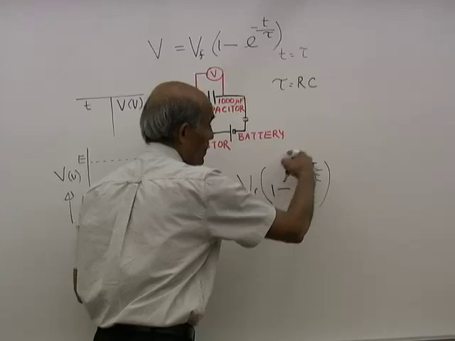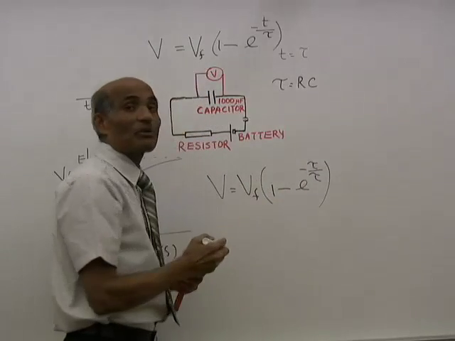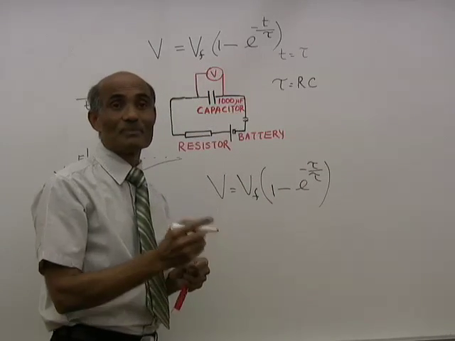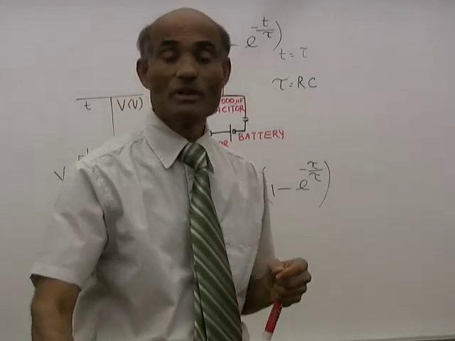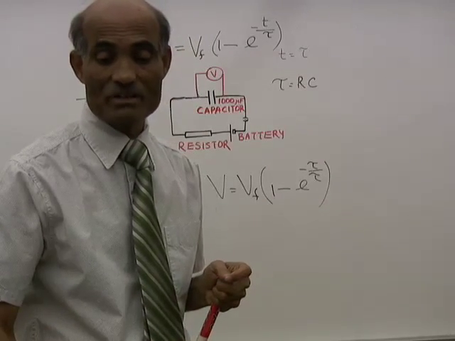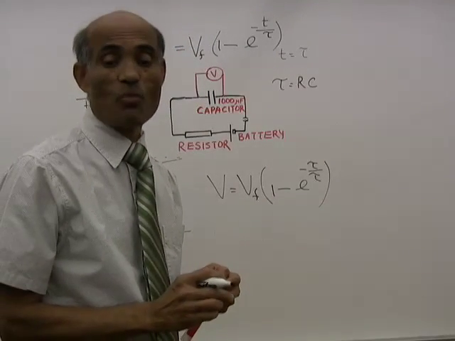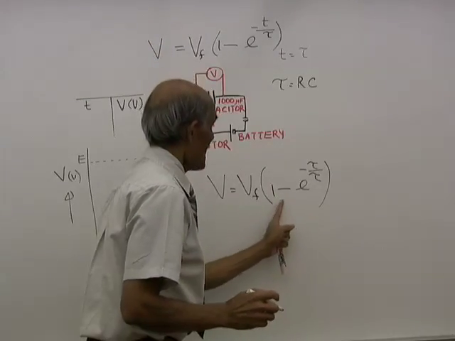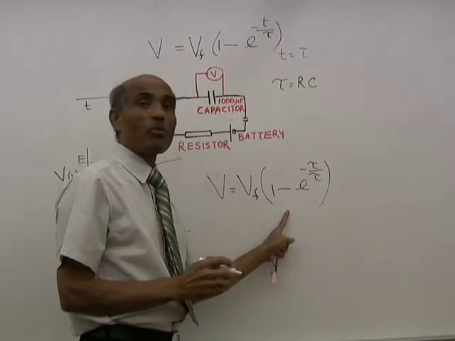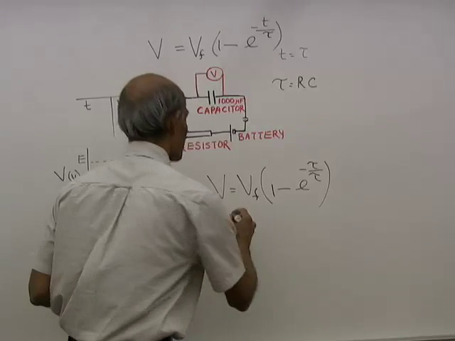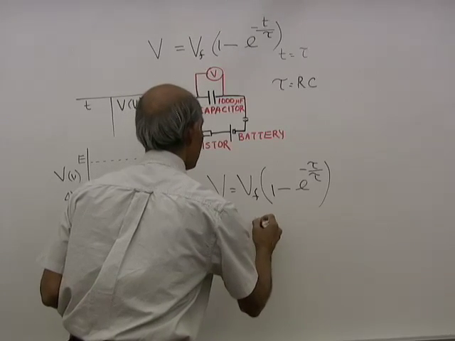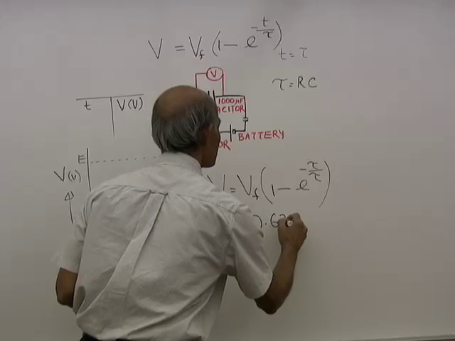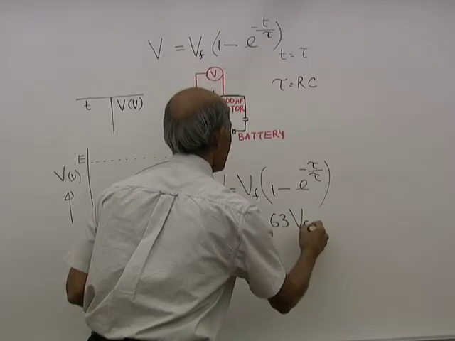And what is 1 minus e to the power of negative 1? You can calculate that. Use your calculator and find a value for that. I think this will be approximately 0.63. So I will have then V equal to 0.63 Vf.